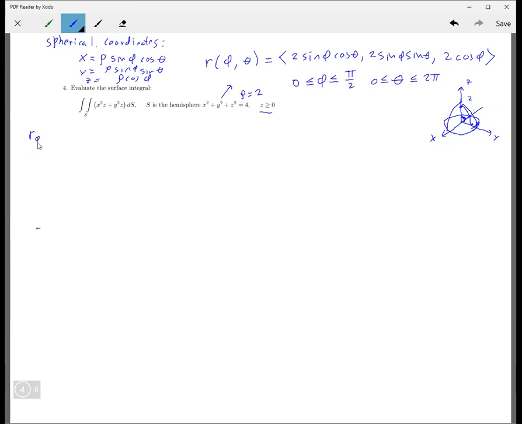And so you want r phi cross r theta. Okay, hold on, I need more space. Okay, so what's r phi?